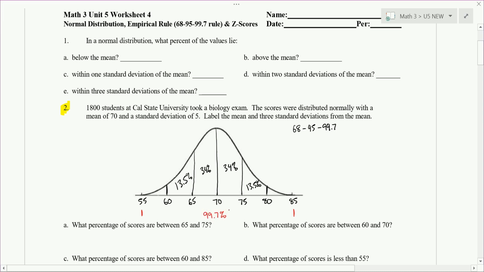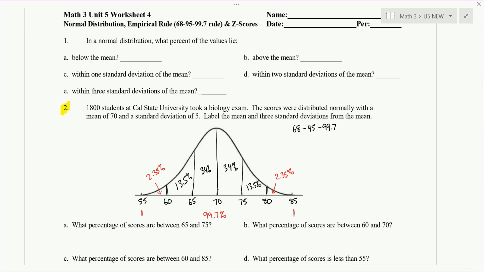So 99.7, and we've already accounted for 95%, so that leaves us 4.7% left, and split between 2 sides, so cut that in half, and you get 2.35% on each corner. Okay, so now add all those up, you can confirm that that's 99.7.